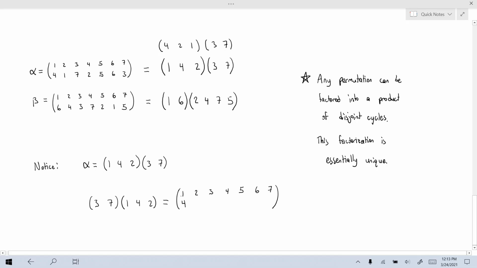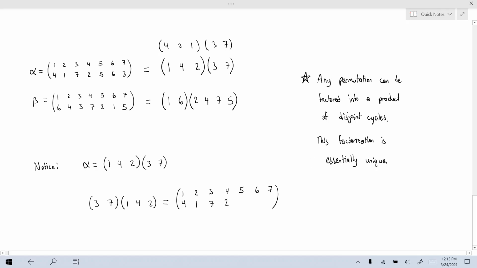2 maps to 1, and then 1 maps to itself. 3 maps to 3, and then that 3 will map to 7. 4 will map to 2, and then that 2 will map back to 2.